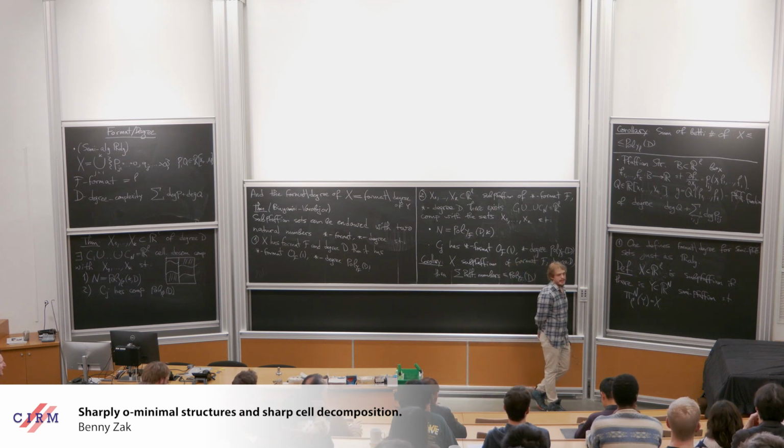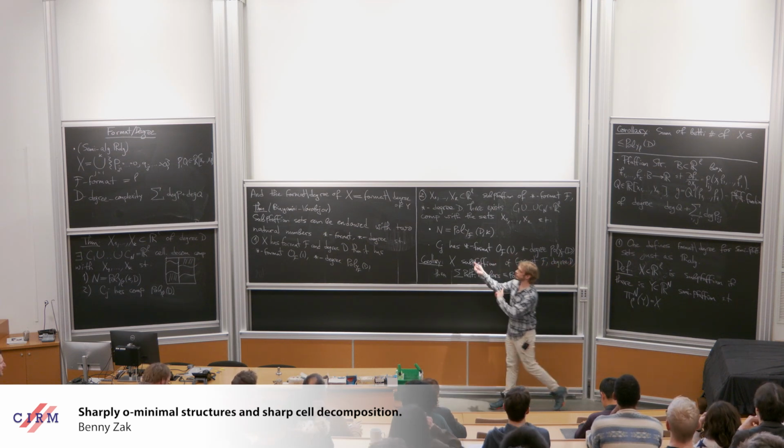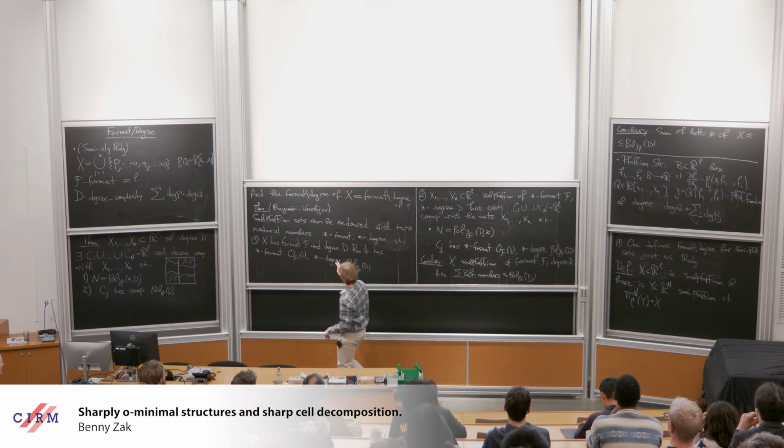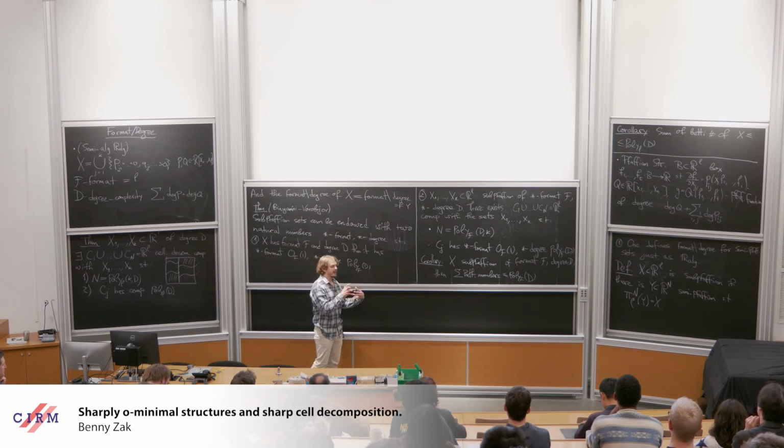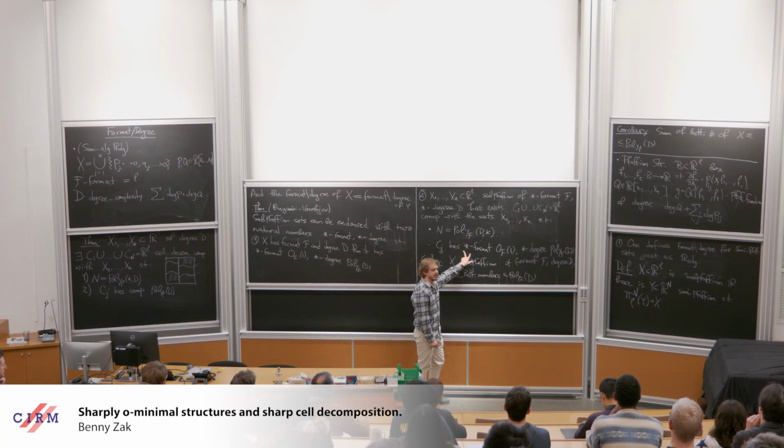No, because look at this. If you have format F and degree D, then you have good star format and good star degree. But it's not true the other way around. If you have star format F and star degree D, you can't say anything about your original format and degree. And so these cells only have bounded star format and star degree. Oh, I see.